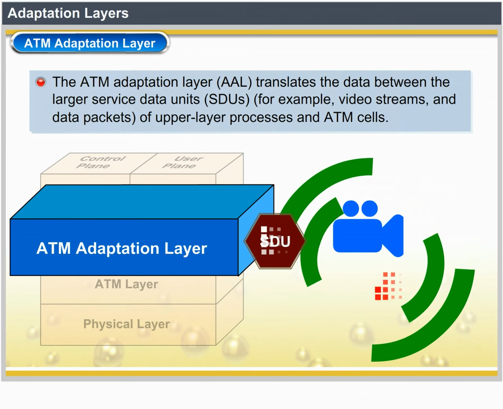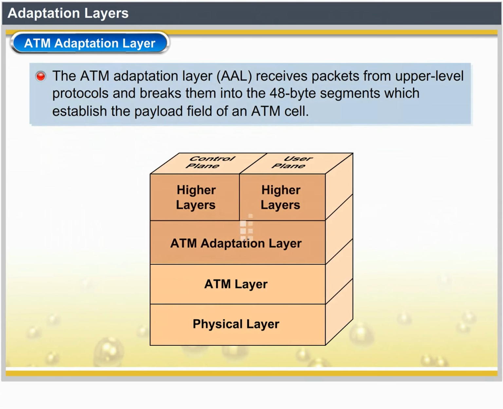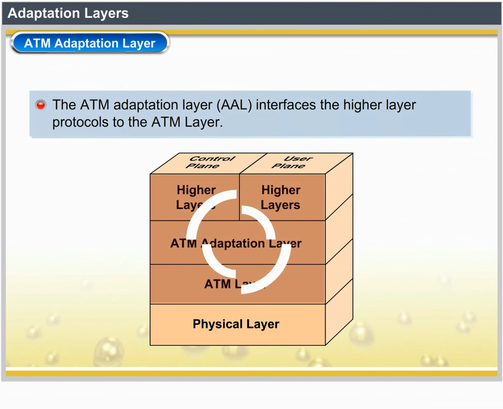When relaying information received from the ATM layer to the higher layers, the AAL must take the cells and reassemble the payloads into a format that the higher layers can understand. This is called segmentation and reassembly, SAR.